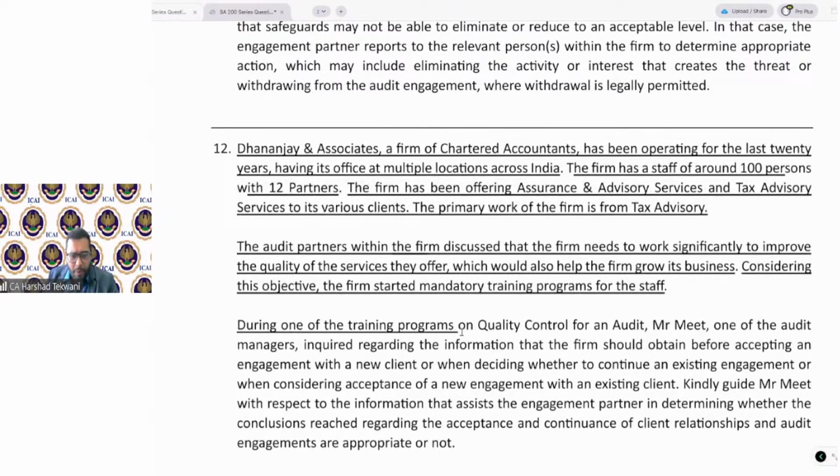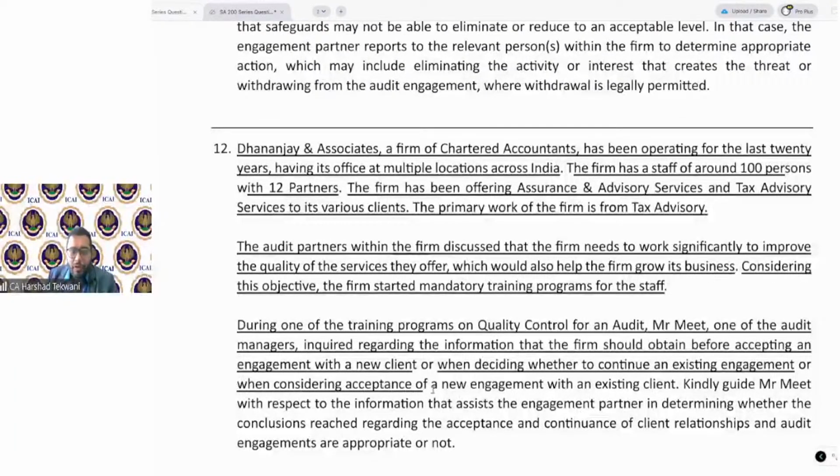During one such training program on quality control for audit, Mr. Meath, one of the audit managers, inquired regarding the information that the firm should obtain for accepting an engagement with a client or when deciding whether to continue.